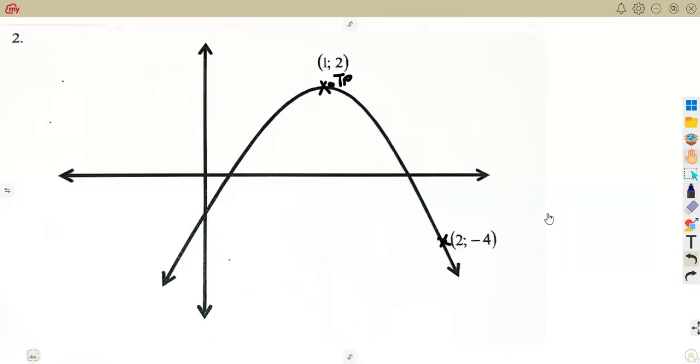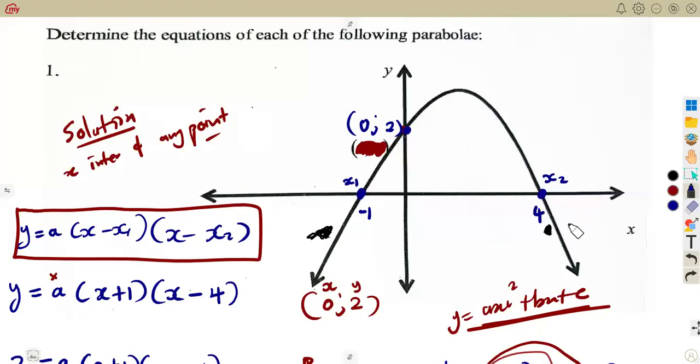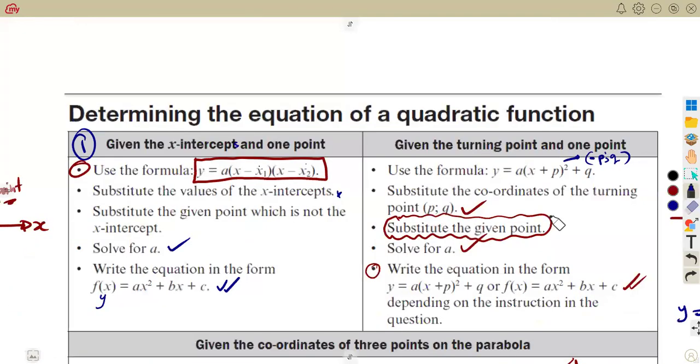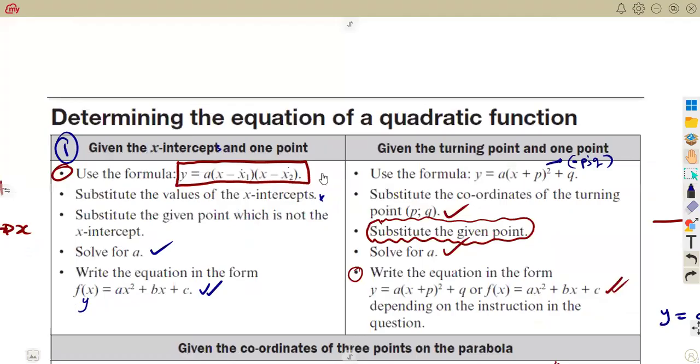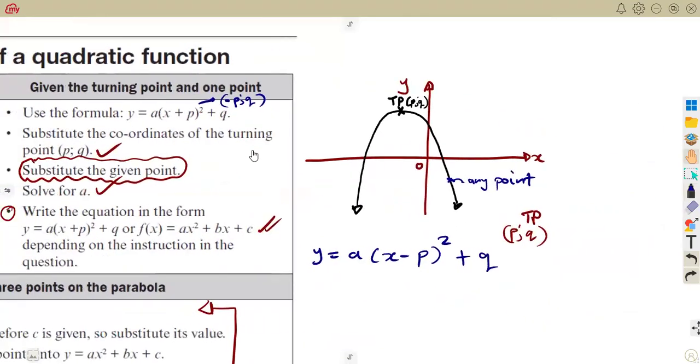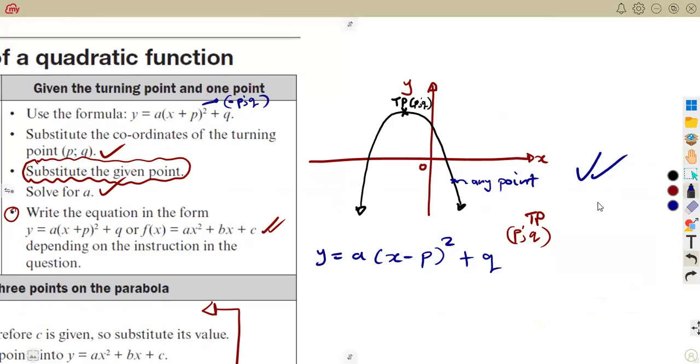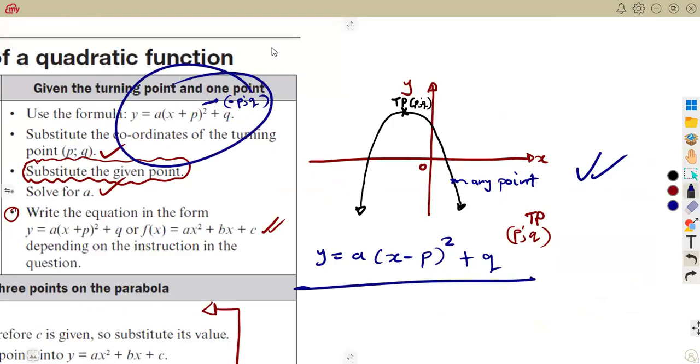Whenever you are given this condition, it will be best that you apply this formula. Like I said, you can use the negative or the positive. What is important is when substituting the turning point, it changes the sign, positive to a negative. If it is a negative, it changes to a positive.